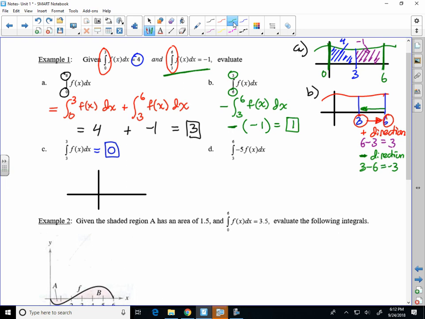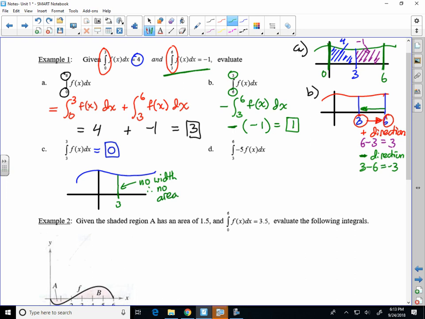But if you understood where these things are coming from, then that one should be pretty straightforward because, again, we're accumulating areas. What this is saying is I'm starting at 3 and I'm ending at 3. I've accumulated no area. There's no width, so how could there be an area?